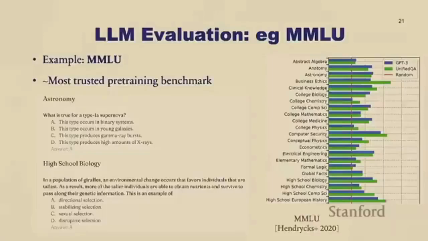So to give you a specific example, MMLU is probably the most common academic benchmark for LLMs. And this is just a collection of many questions and answers in all of those domains. For example, college medicine, college physics, astronomy, and these types of topics. And the questions are things like, so this is in astronomy, what is true for type 1a supernova?